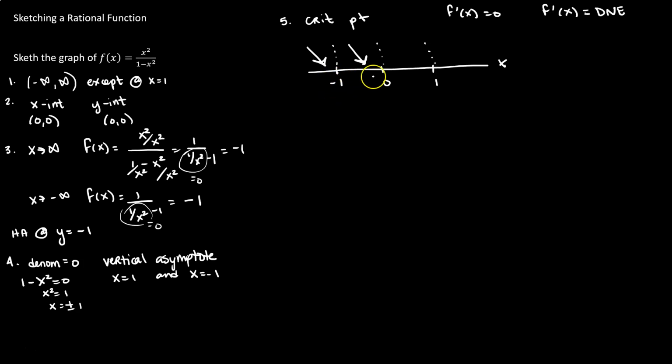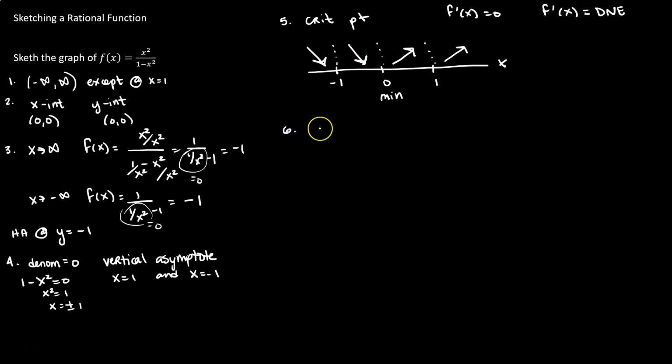Then if we test between 0 and 1, we find that our derivative is positive, so our function is increasing. And then the same thing is true to the right of positive 1. Function is increasing, derivative is positive. So we can see that we have a minimum at x equals 0, but we have some fake out critical points at positive and negative 1.